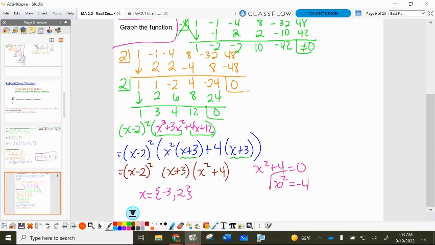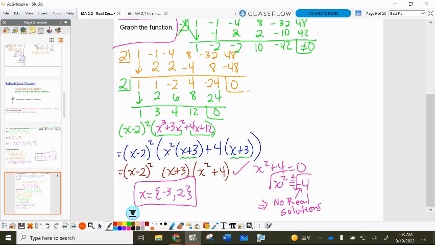And of course, if I take the square root of both sides, you pick up the plus or minus option, but here we have the square root of a negative, which does not generate any real solutions. So far we're still just looking for real rational solutions. So this is fully factored here, and these are our rational zeros of this function.